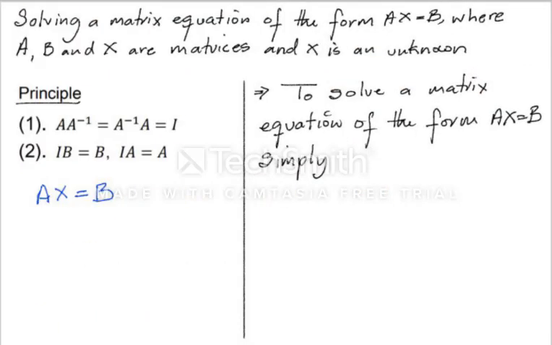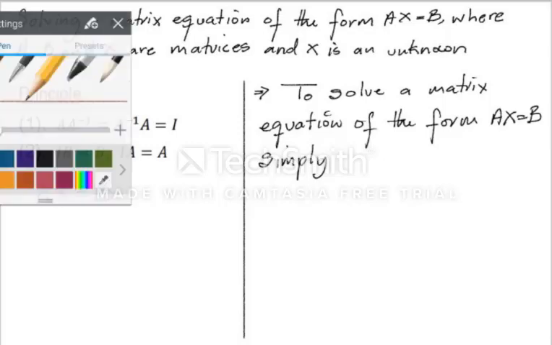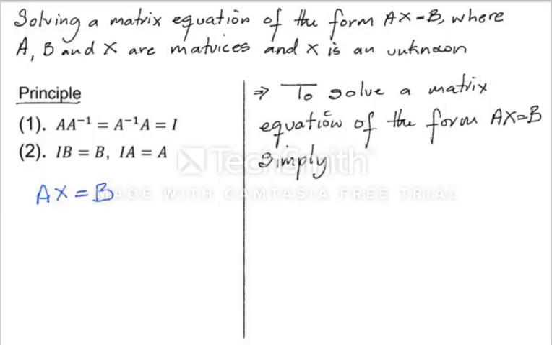All right, solving a matrix equation of the form AX is equal to B, where A, B, and X are matrices, and X is an unknown. So we're looking at how we go about solving a matrix equation of the form AX is equal to B. Let's change the color here a little bit for emphasis.